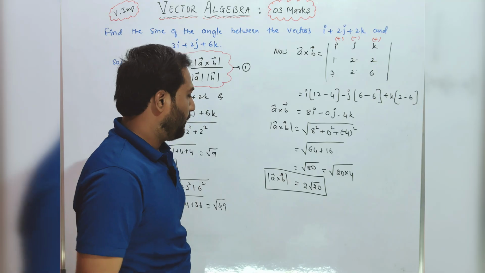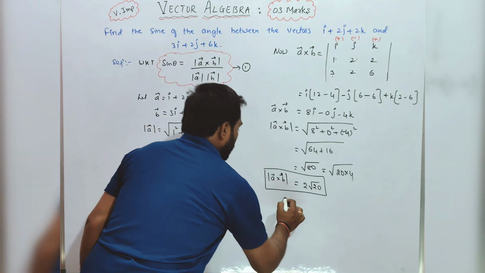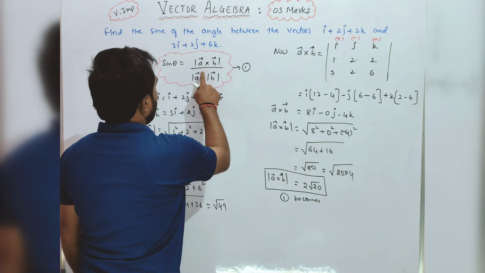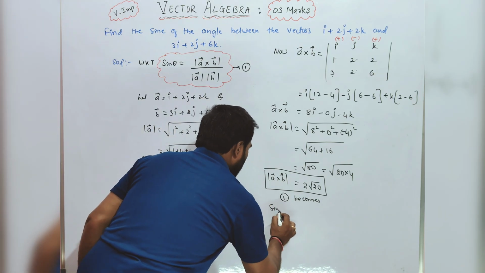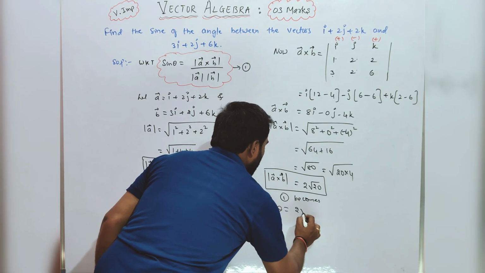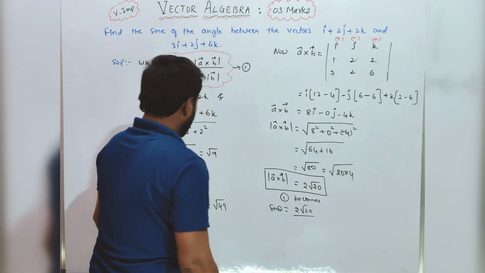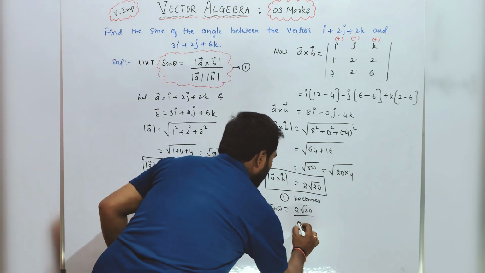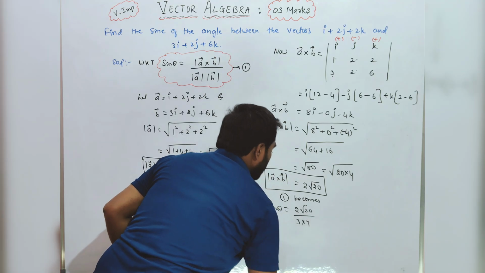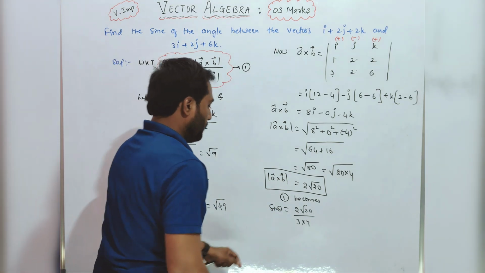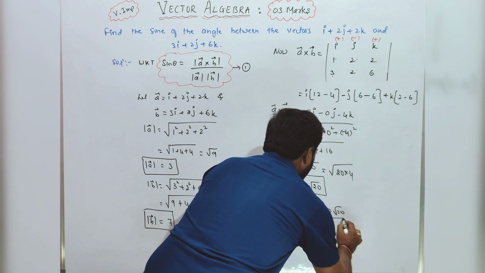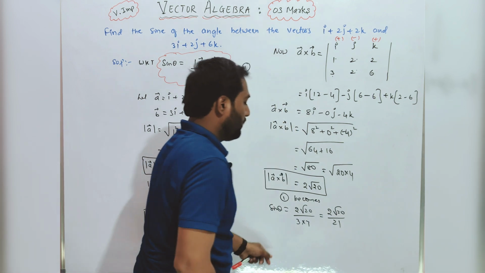Now substituting into equation number 1. Simple substitution. So sin theta is equal to magnitude of A cross B, which is 2 root 20, divided by the magnitudes of A and B, which are 3 and 7. So this is nothing but 2 root 20 divided by 21.